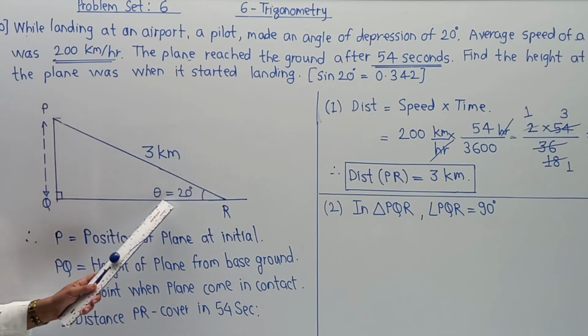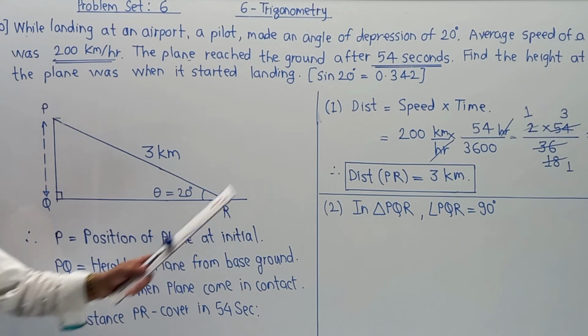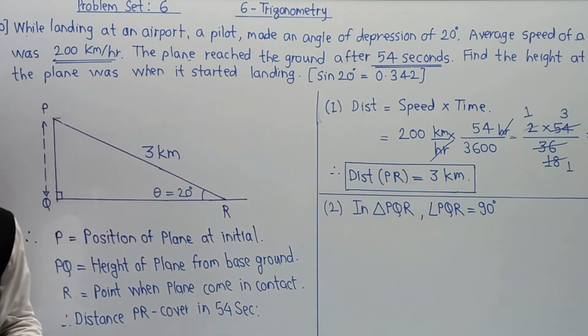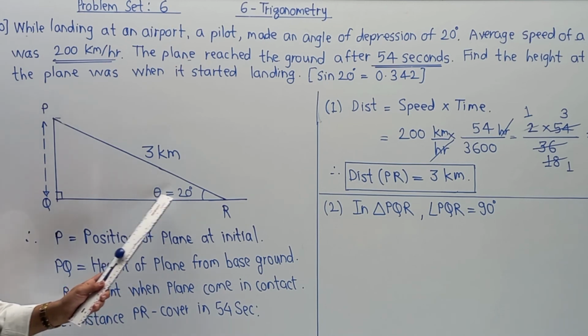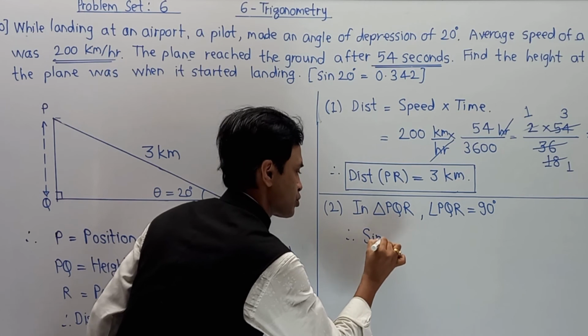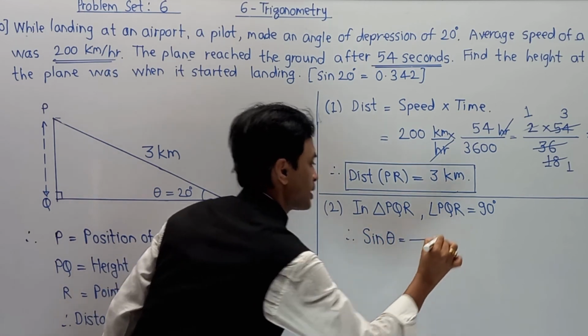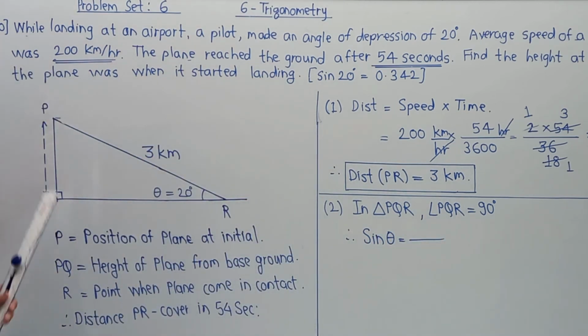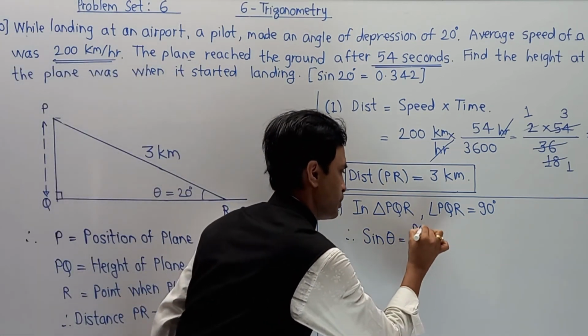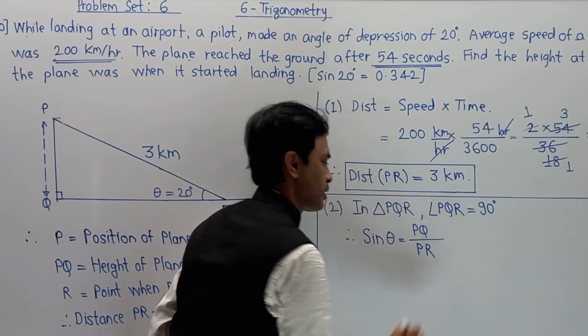Naturally we are using sine 20, and if you are confused, remember they themselves indicate that you use the sine, means in the question itself they have given an answer. So first sine theta, and the part is, sine theta is equal to PQ upon PR.